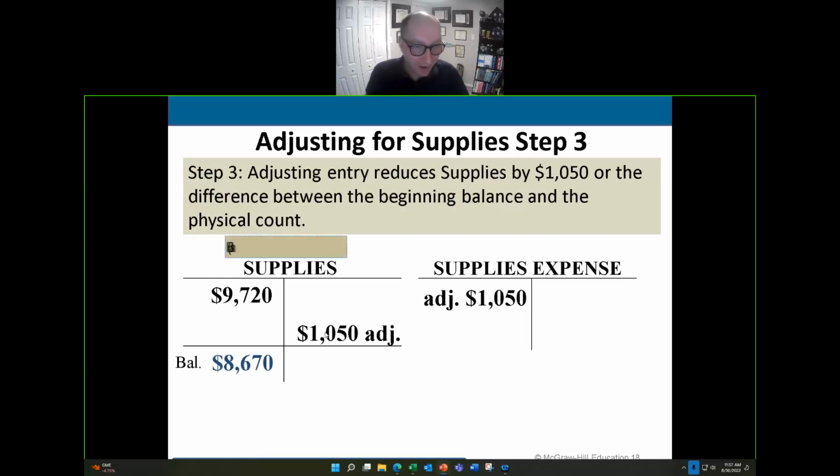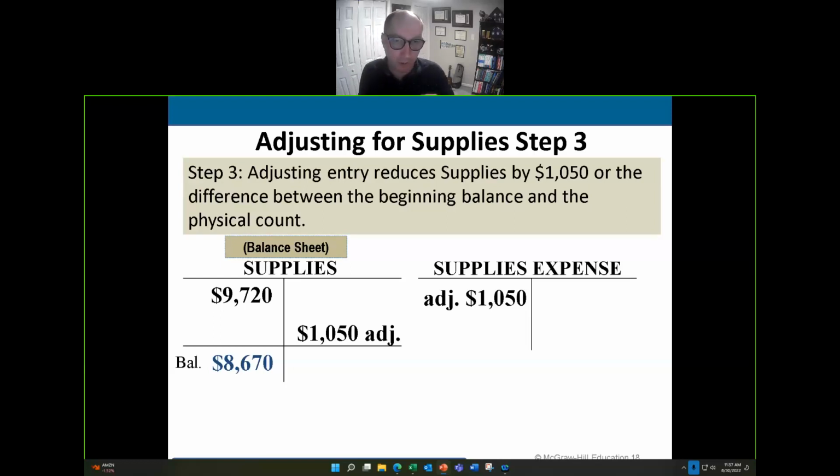Very good. So in this example, when I did my adjusting entry, I recorded it when I did my physical count. When I said, okay, and this could have been in the middle of the year, it looks like I used about $1,050 worth of supplies here.